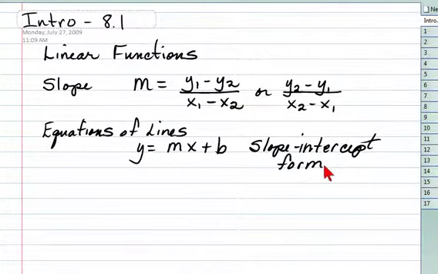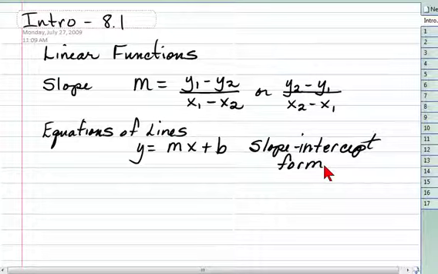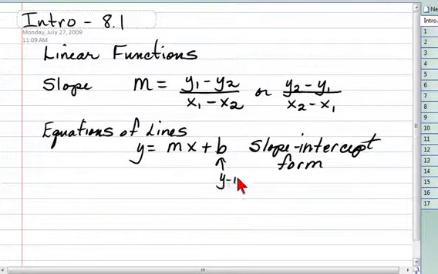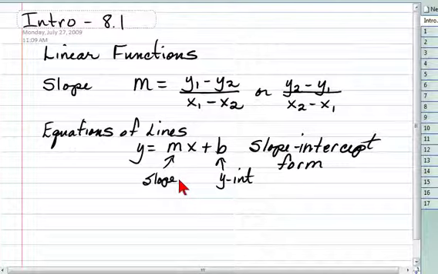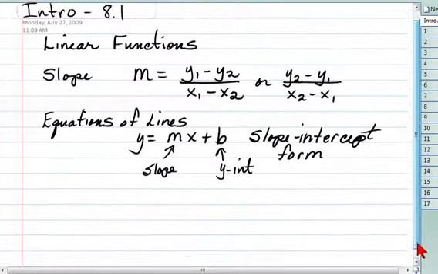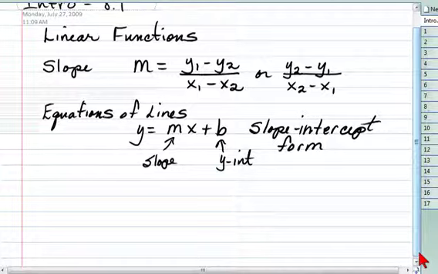And we will use that a good bit. The b value stands for the y-intercept, where it crosses the y-axis, and m stands for the slope of the line. We'll use that in a few minutes. If you took Math 307, then you are familiar with that format.